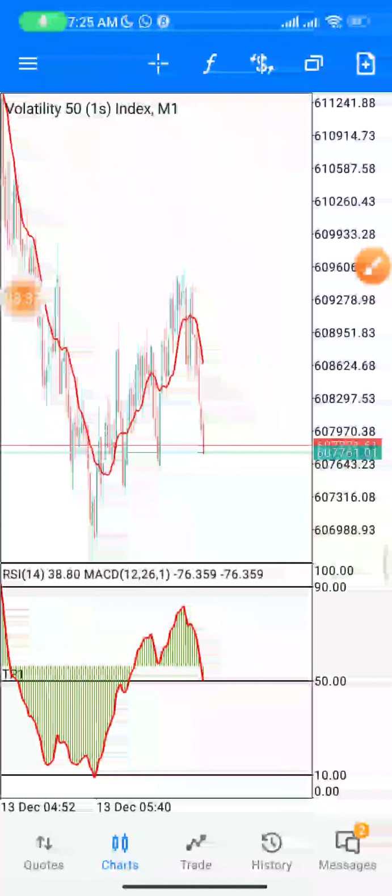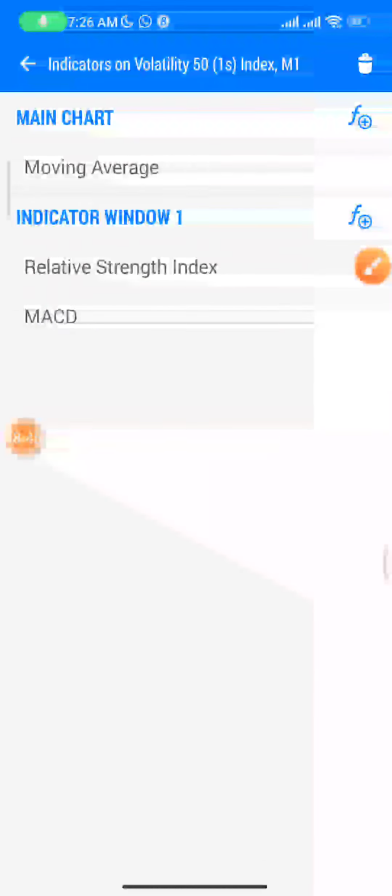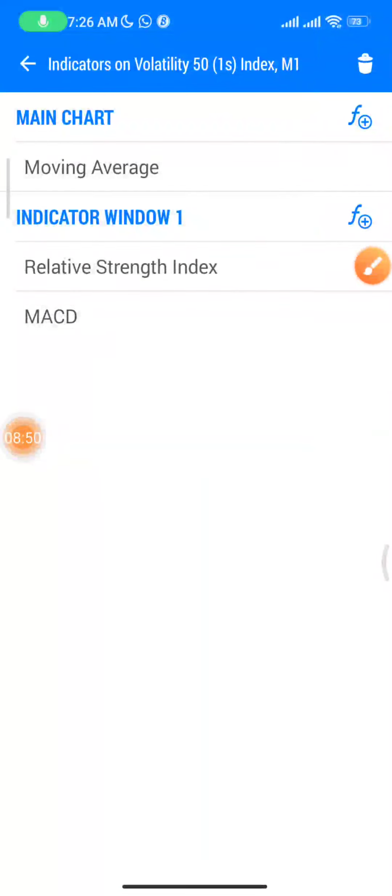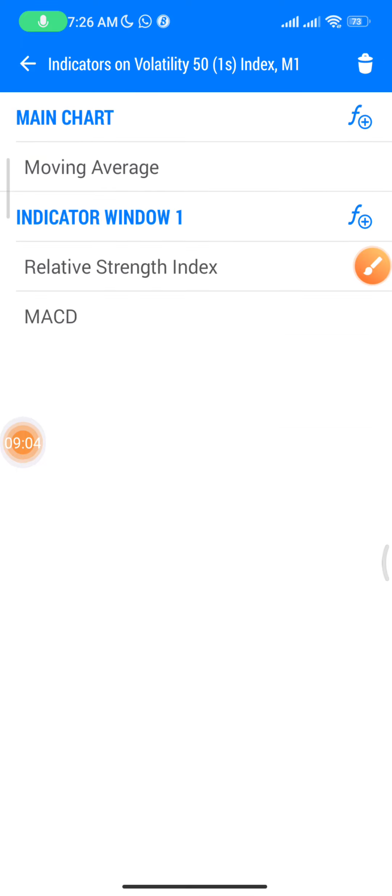Okay, so the settings that I'm using for this video are very easy. If you pay attention to it, it's very easy. I'm using the moving average on my main chart, relative strength index, and MACD. On the moving average parameters, the period is 10, shift is 0, method is simple, apply to close, style is 3 pixels of red.